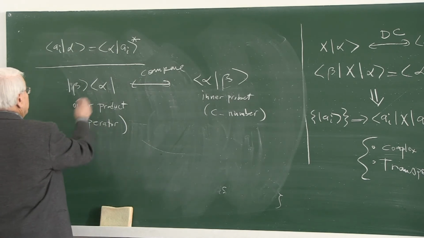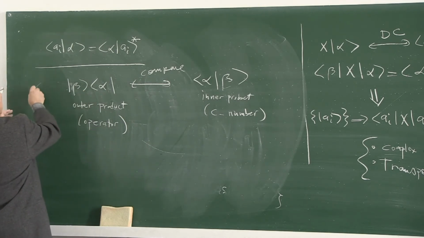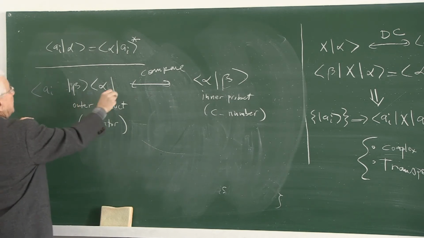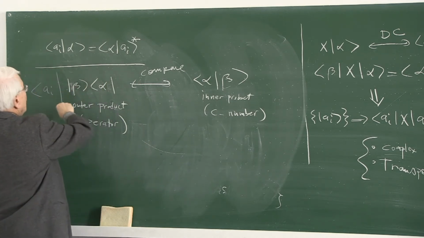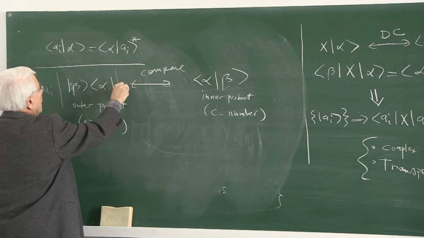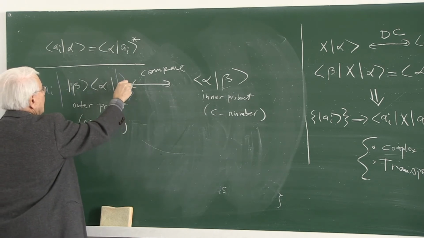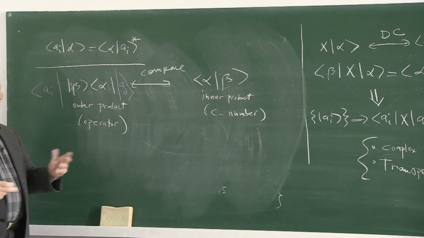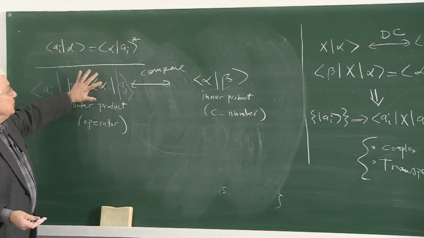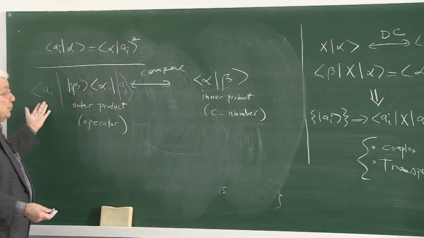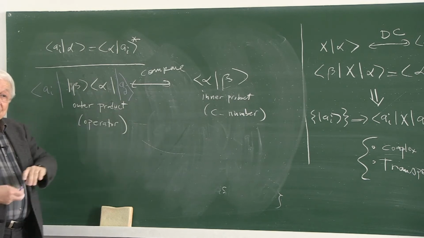We take the matrix element here. That's a funny language, I know, but I do it on purpose. I exaggerate a little bit. How do you get the matrix element? If it is an operator, you sandwich it between a_i and a_j.